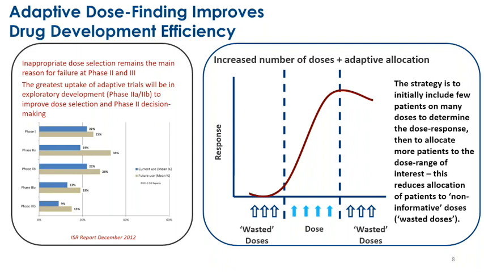And we would have rather focused the randomization on the sloping part of the dose response curve. And that's the key aim of adaptive dose finding designs, and you'll see how that occurs as we go through the talk.